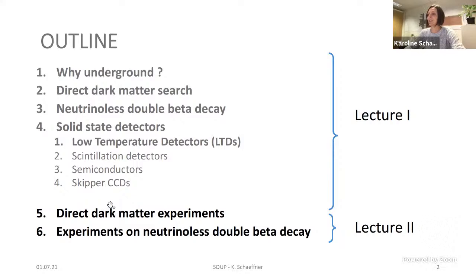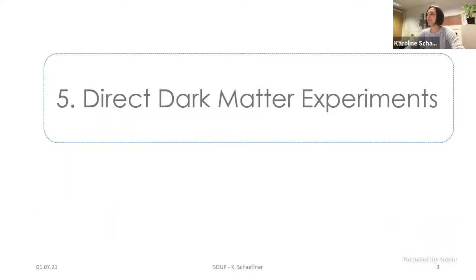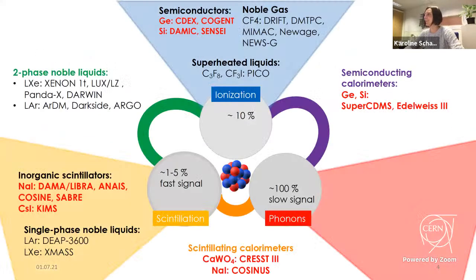And just to get us all back to the last status, I'll show you again this picture where we have the different detection channels we can look for in these detectors for direct dark matter detection.